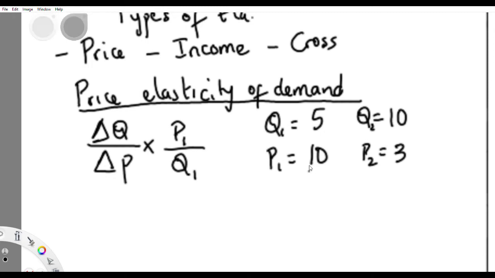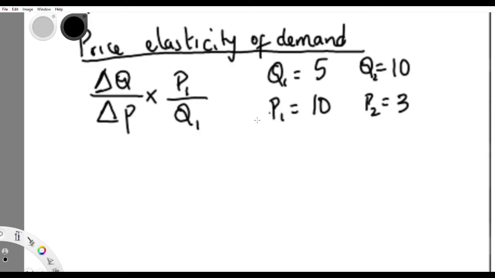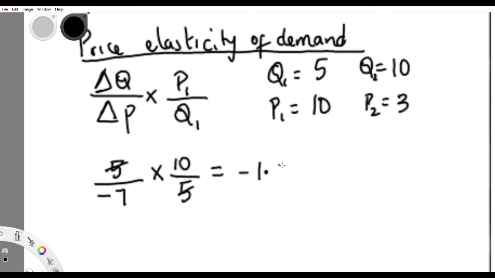So now, using this change in price, the change in quantity here is 5. Q2 minus Q1. The change in price is minus 7, times initial price, that's price 1, over initial quantity. That's minus 1 point something.